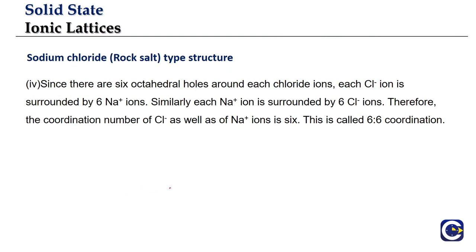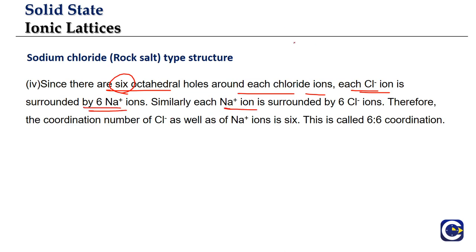And if you look at the number of octahedral voids, the number of octahedral voids around each Cl minus ion will be 6, which means what? The Cl minus ion will be surrounded by 6 Na plus ions.